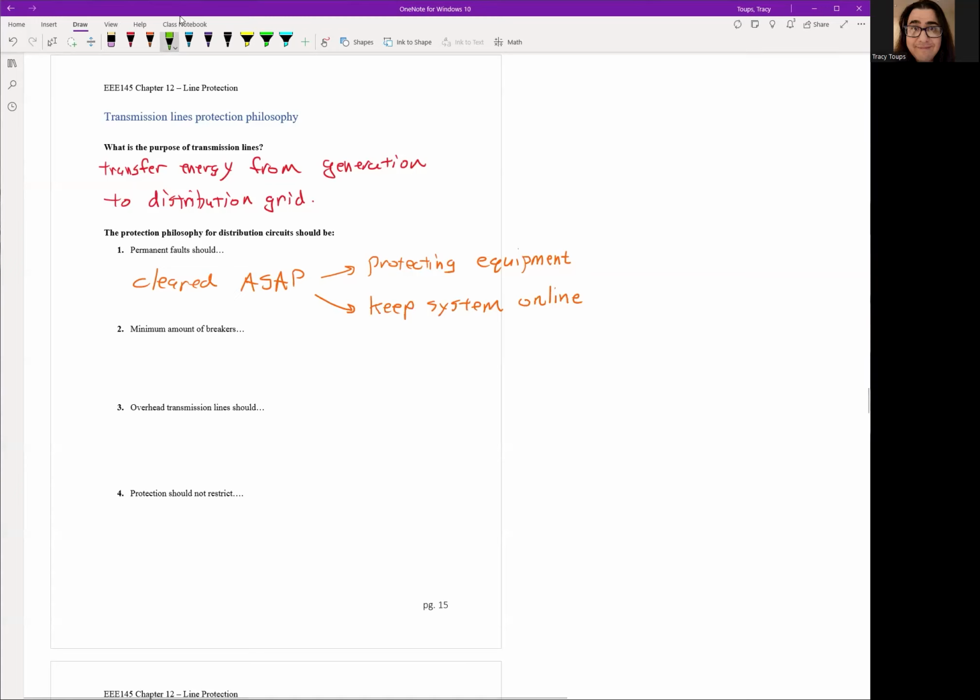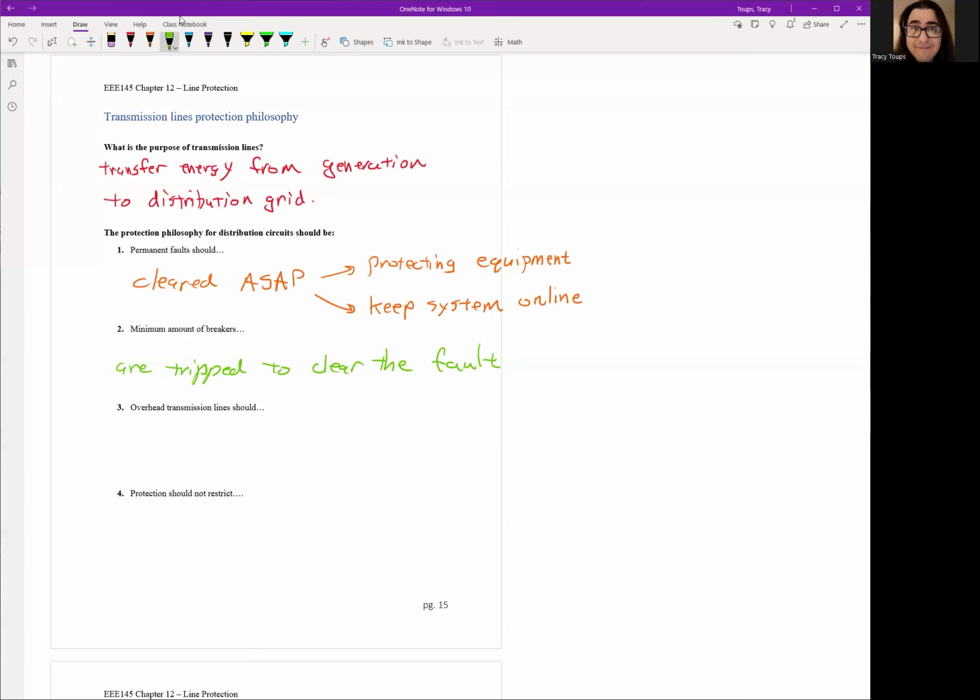Next thing is, for these faults, the minimum amount of breakers are tripped to clear the faults. The system is automatically designed to take a hit or two and stay alive, because we always have to think Murphy's Law, where something's going to go wrong. Even two things will go wrong.